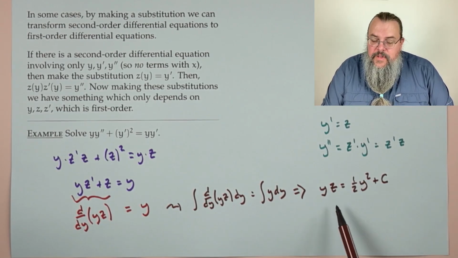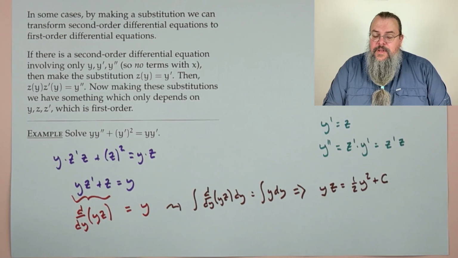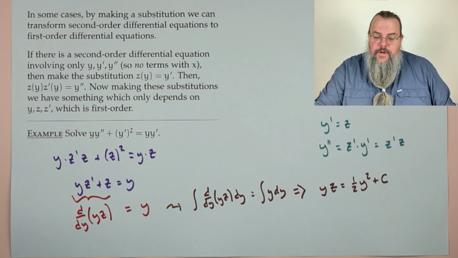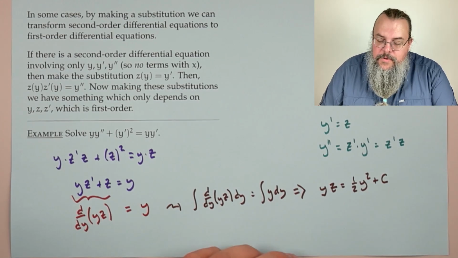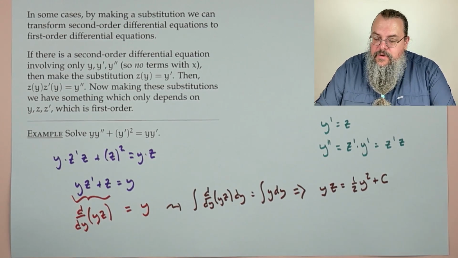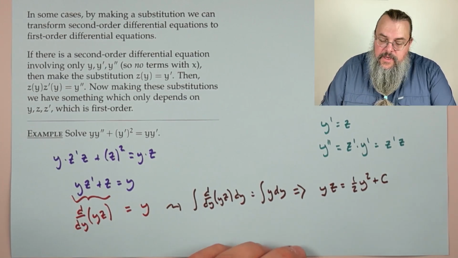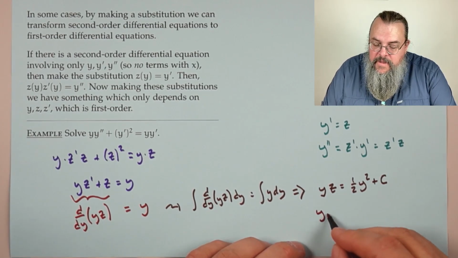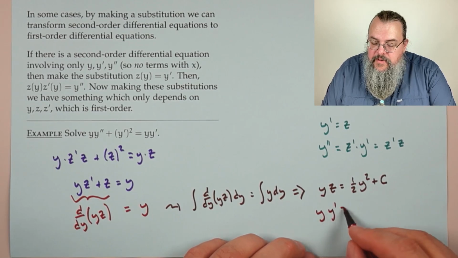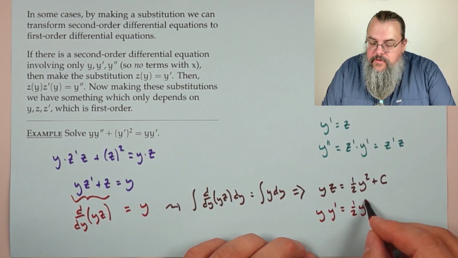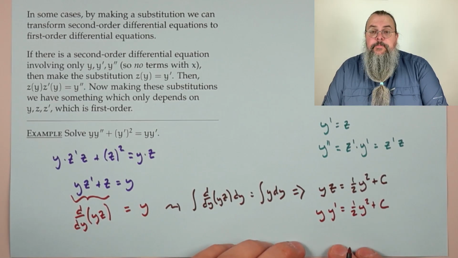Well, remember, what is z? It's y prime. Oh, okay, well, great. So what can we do? Well, we can replace our z. So we now have that y times y prime is equal to 1/2 y squared plus c.